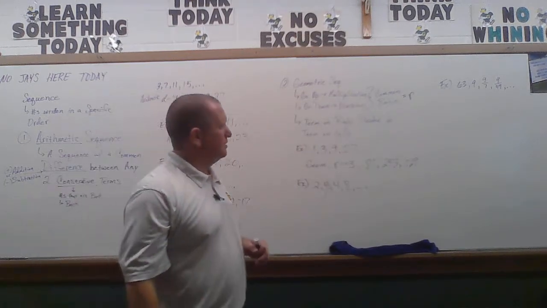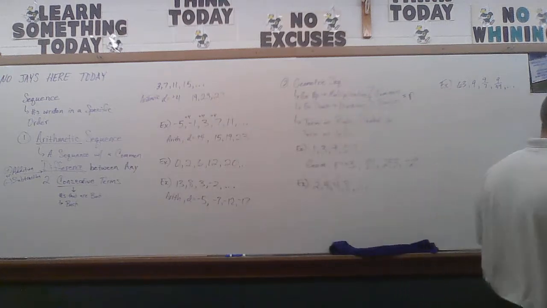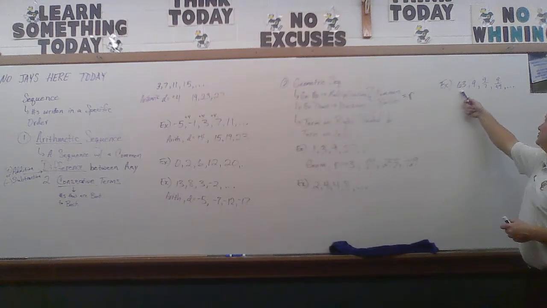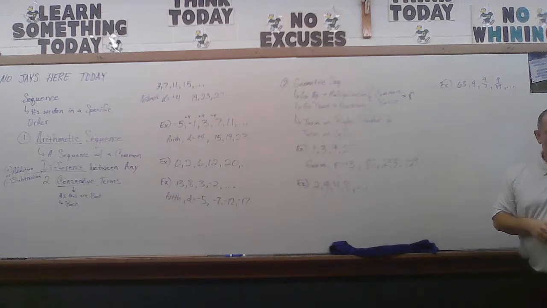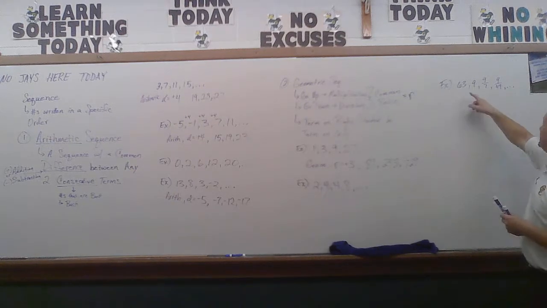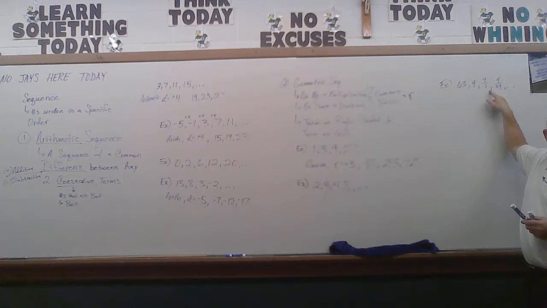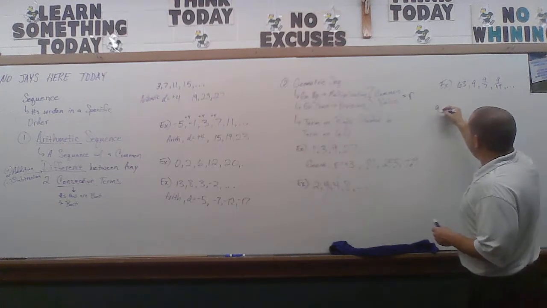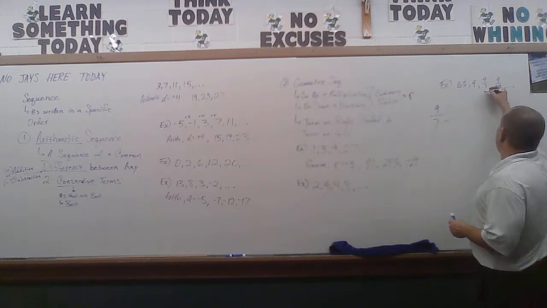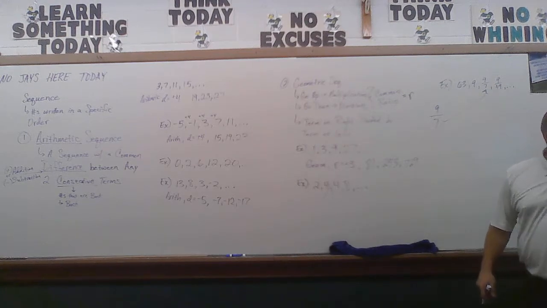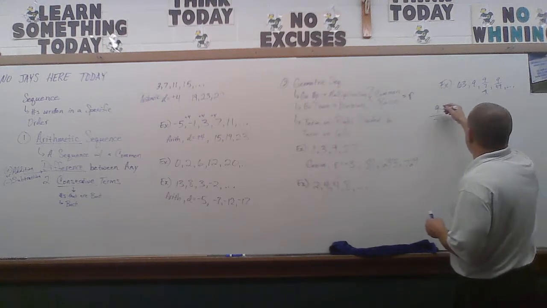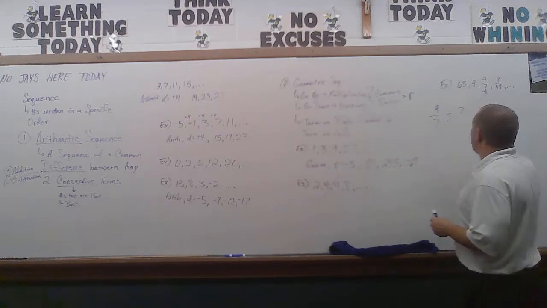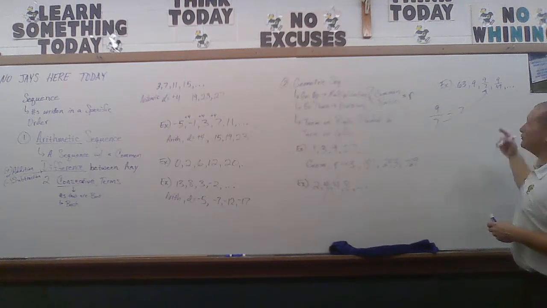So, what do you think? If I have 63 and I'm going down to 9, I divide it by 7. If I take 9 and divide it by 7, do I get 9 sevenths? And then if I take 9 sevenths and divide it by 7, do I get 9 over 49?